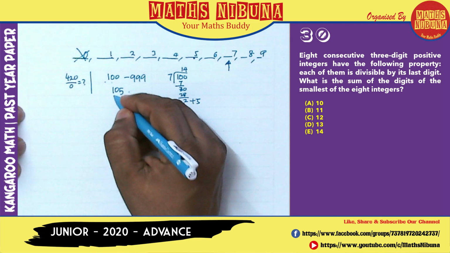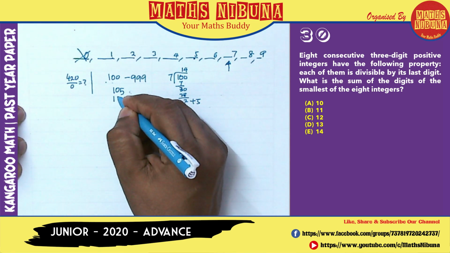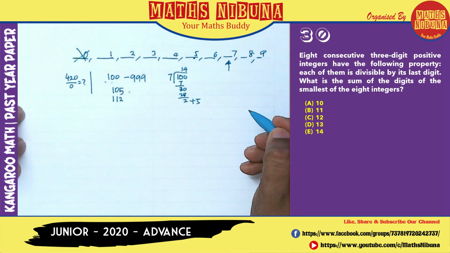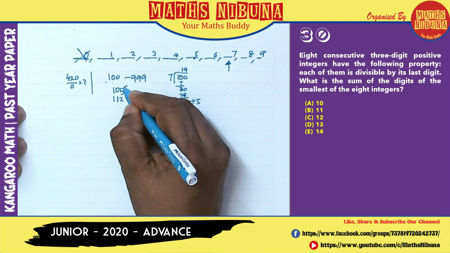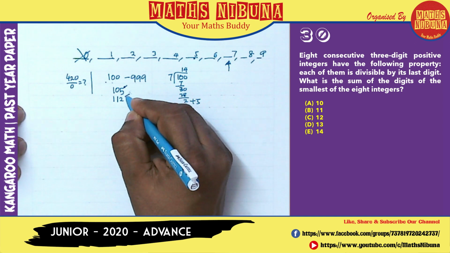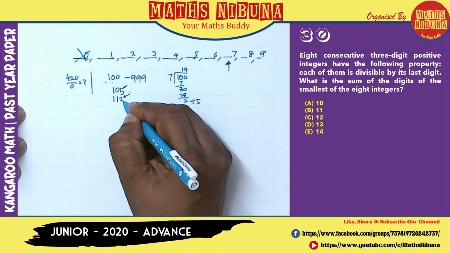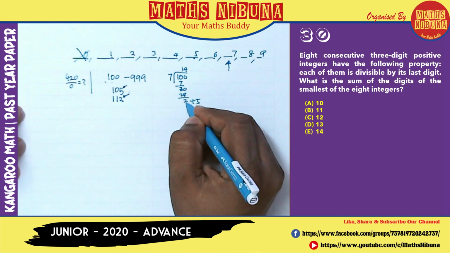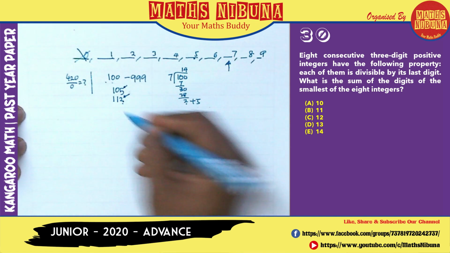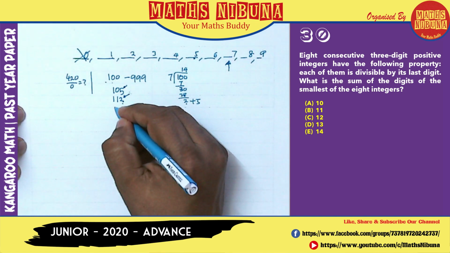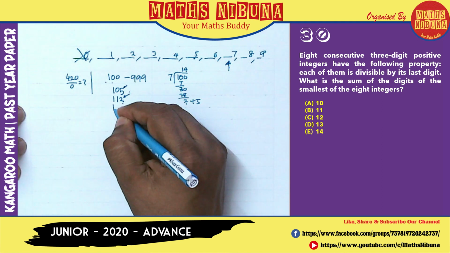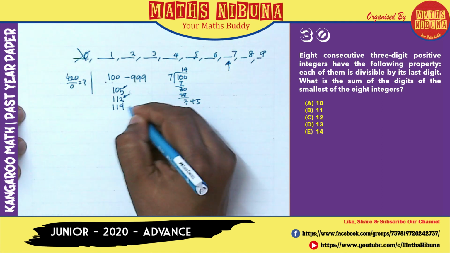After 105, we plus another 7, 112, but the last digit is not 7. After 112, also the last digit is not 7. So we have to find which number has last digit 7. Plus 7 is 119, also cannot.